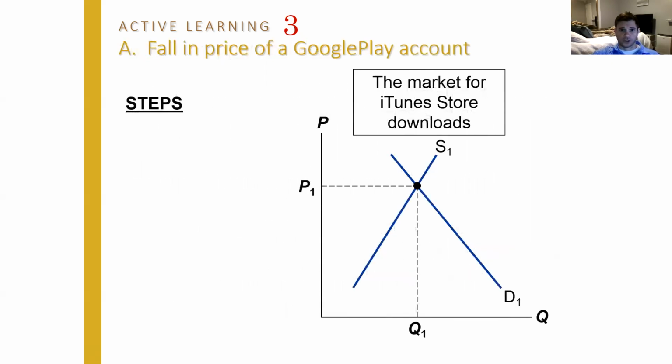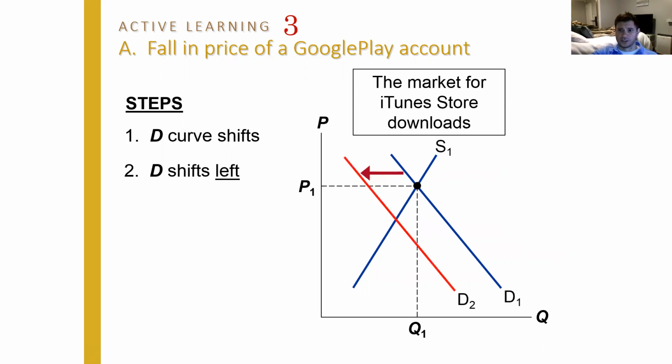Okay, so we're starting with our iTunes Store downloads market, and we're considering a fall in the price of Google Play. So first step, okay, which curve is shifting? Step one, well, because Google Play is a substitutable good, we know this is a factor that affects the demand curve. Okay, because Google Play accounts have become cheaper, this is going to cause some iTunes Store individuals to leave that market to join the Google Play market, meaning the number of buyers in the iTunes Store download market effectively diminishes and shifts to the left.